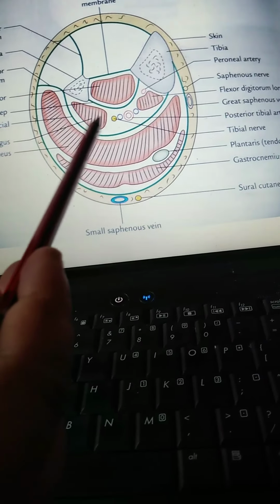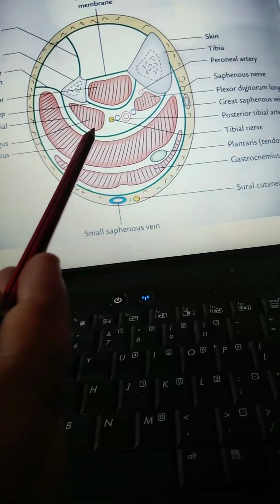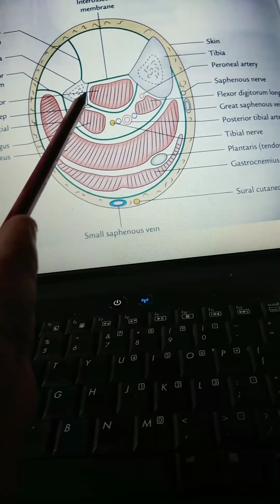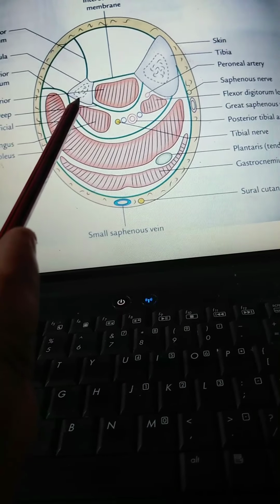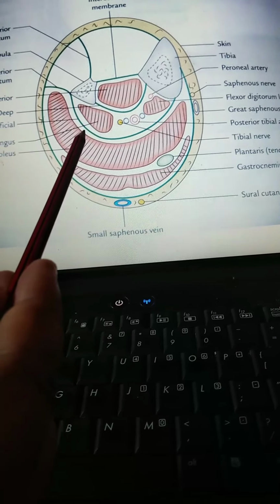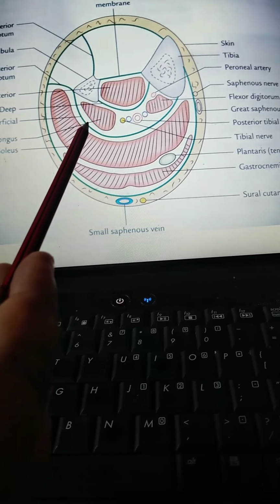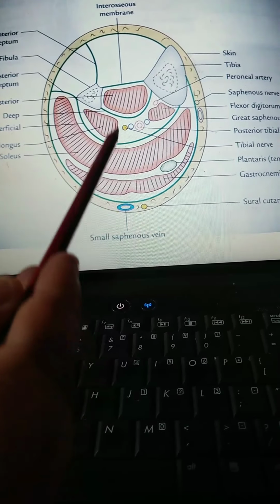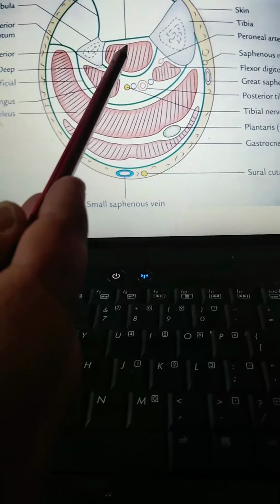The posterior compartment of the leg is subdivided by two strong transverse fascial septa, superficial transverse fascial septum and deep transverse fascial septum, into three compartments: superficial, middle, and deep.